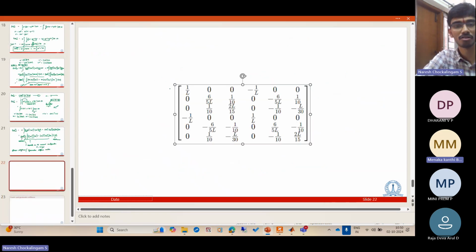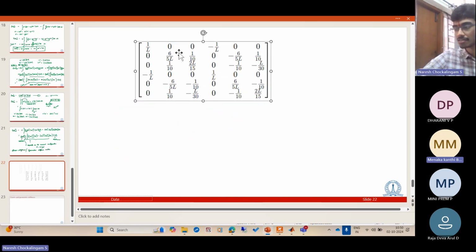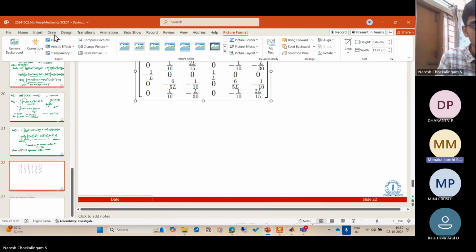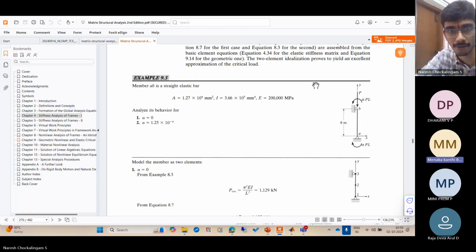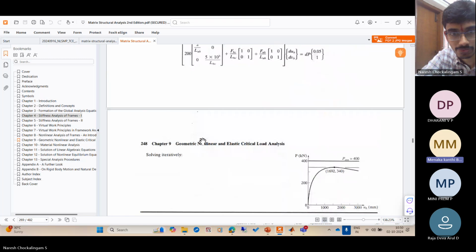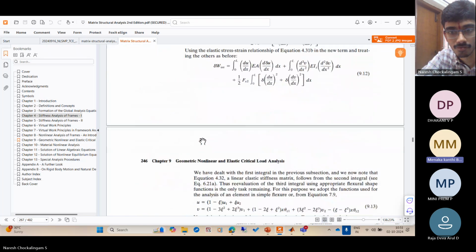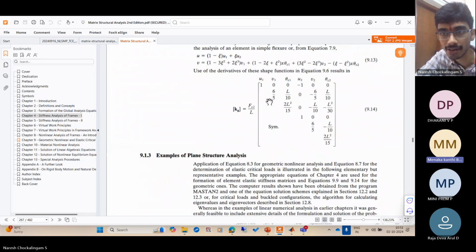So this is the contribution from this thing. This is kg, but there's an F multiplying it. Let us just check it against the textbook answer. I remember it's L, 6 by 5, L by 10, and so on. Let's just check that once. Yeah, so this is the one.